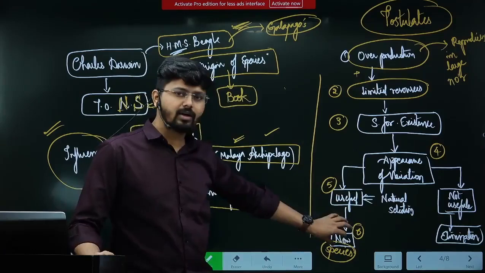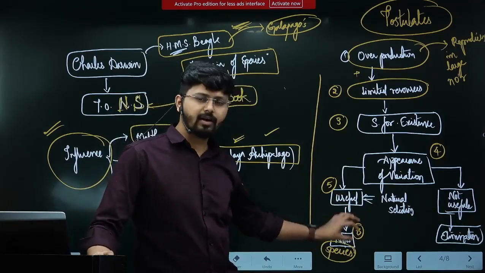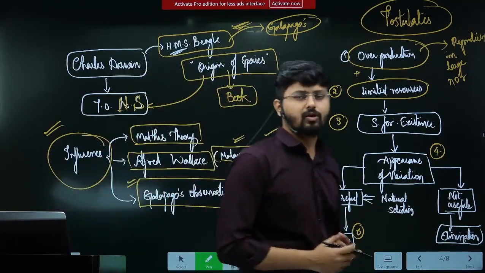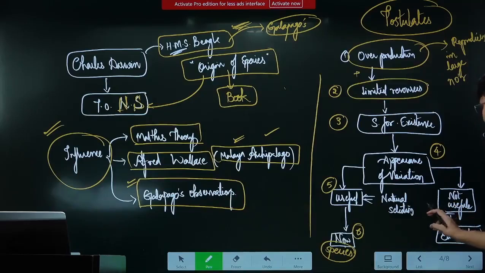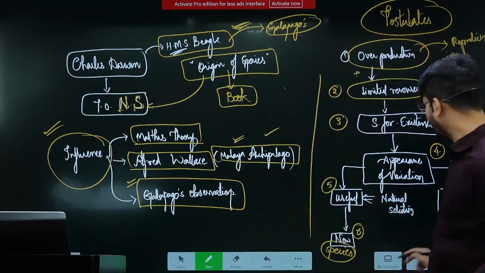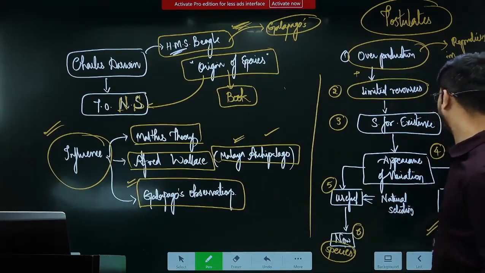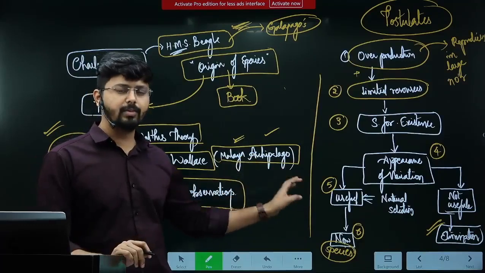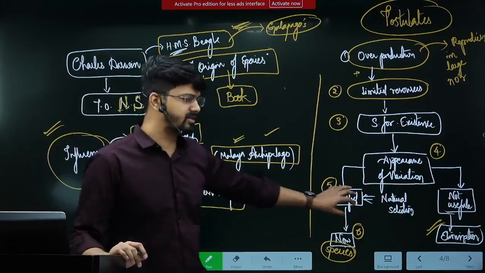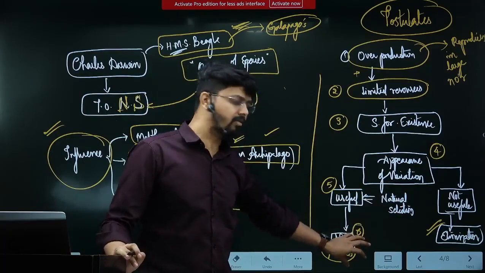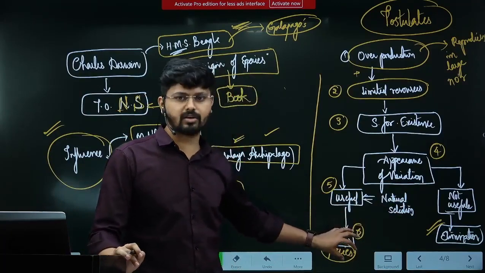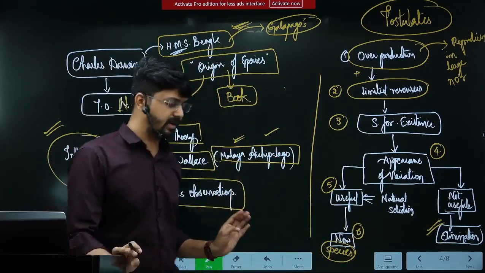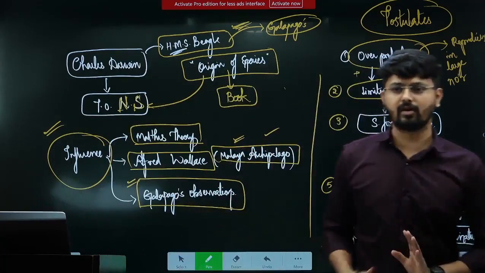This mutation is inherited by the action of natural selection. If it is not useful, natural selection will act and eliminate that trait. So whichever is useful, natural selection will inherit to the next generation and it will give rise to new species. This is Darwin's theory of natural selection.